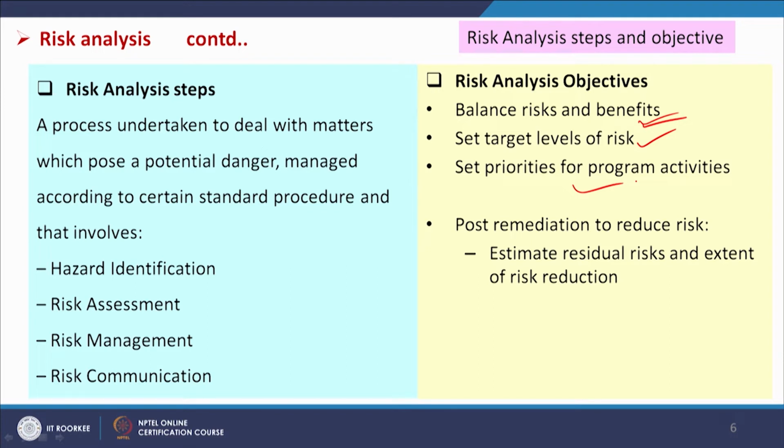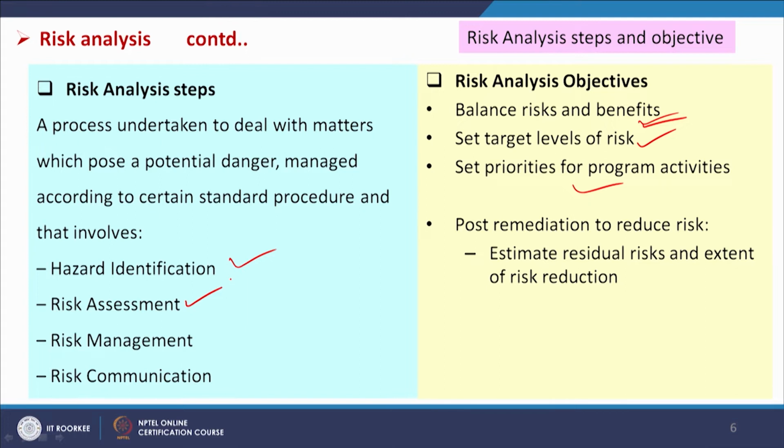That means if I want to take new initiatives, I have to optimize it so that the environmental impact will be under control. So, that way the risk analysis is necessary. And then post remediation to reduce risk, again what remediation measures we can take to eliminate these risks, that is also an objective of the risk analysis.